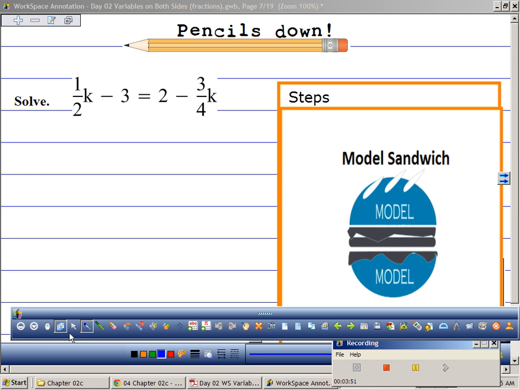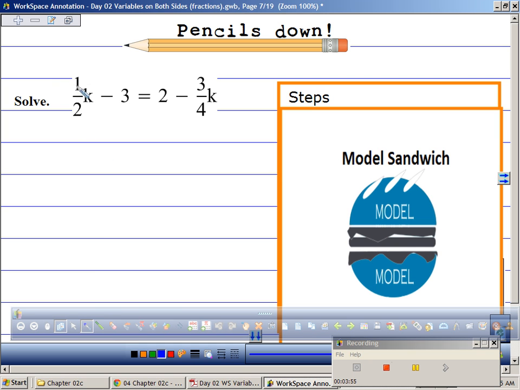Let's look at this first one. So I have 1 divided by 2, and I have 3 divided by 4. So I'm going to multiply both sides of my equation by 4 so I can clear that denominator. So when I do that, because I don't need to distribute anything, right?